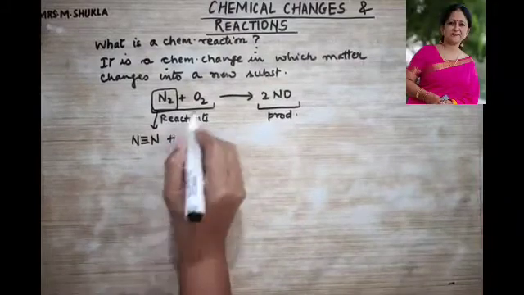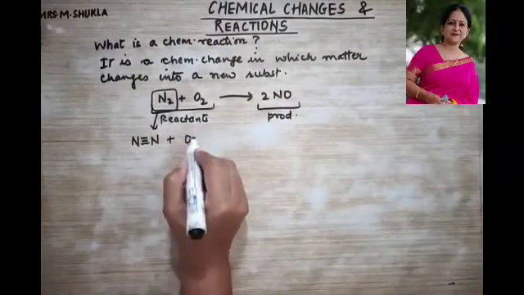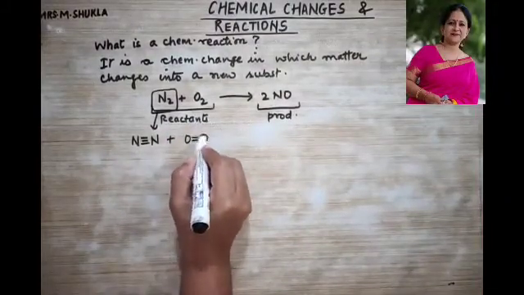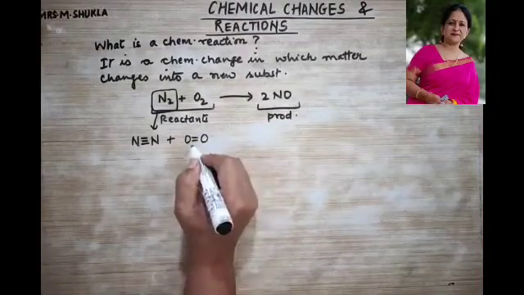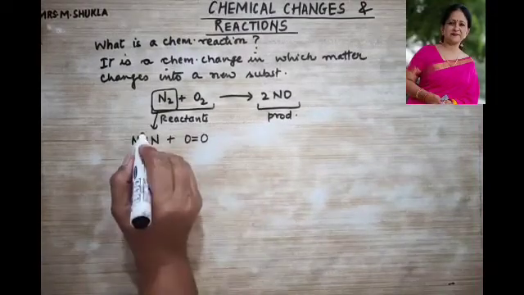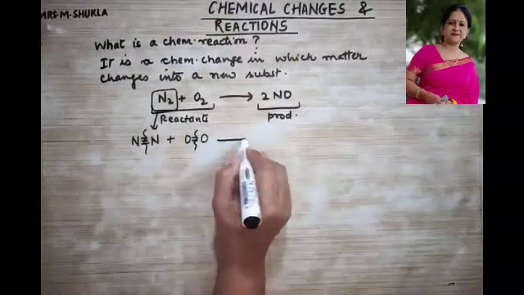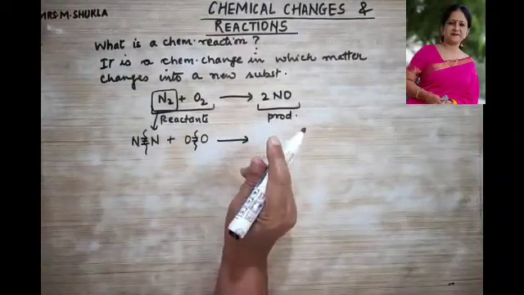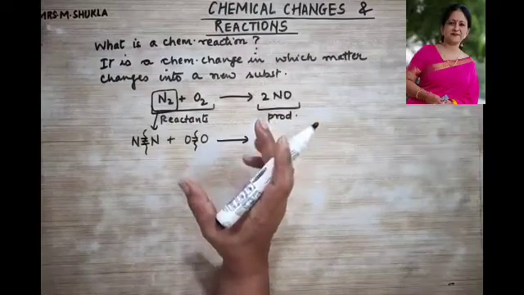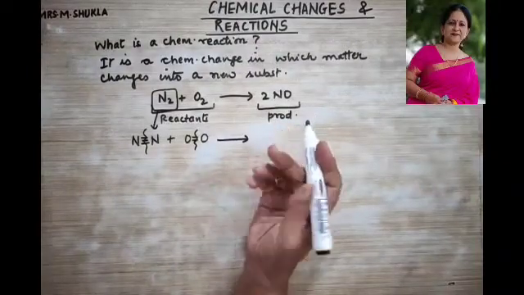This is combining with oxygen, which is bonded with another oxygen with a double bond. So over here the bonds break, and again what happens? It results in a new kind of bonds being formed.